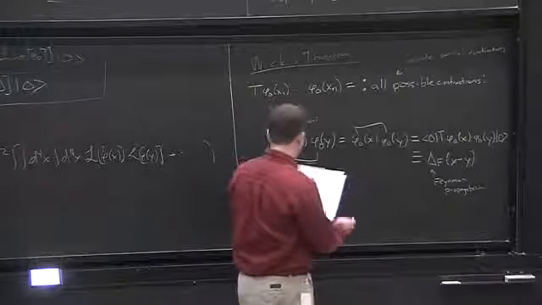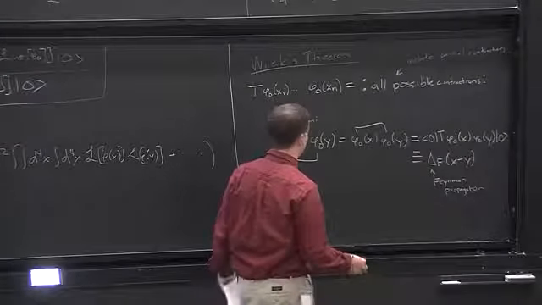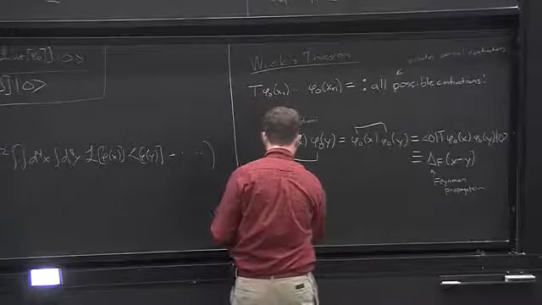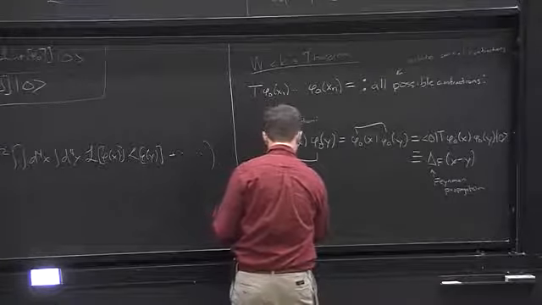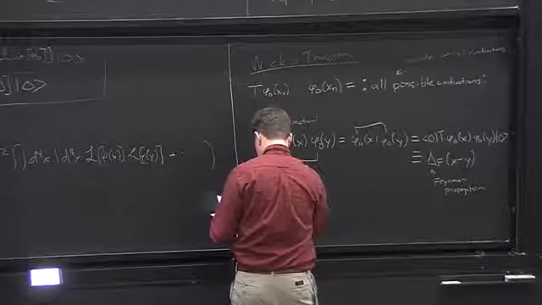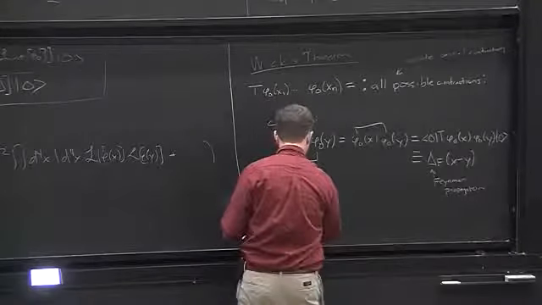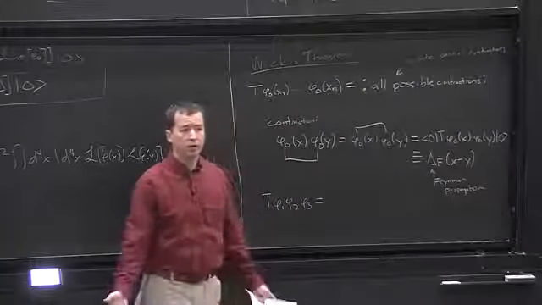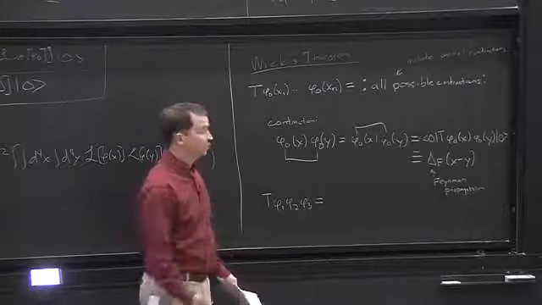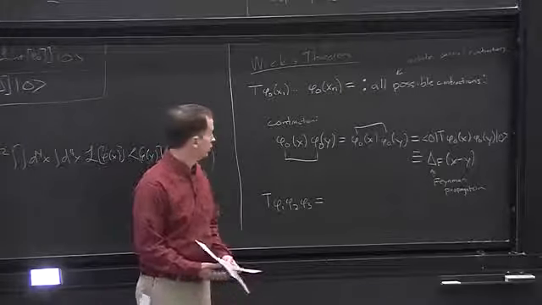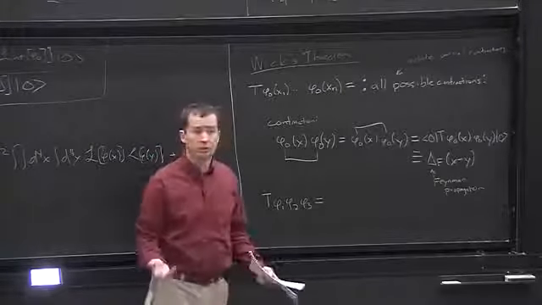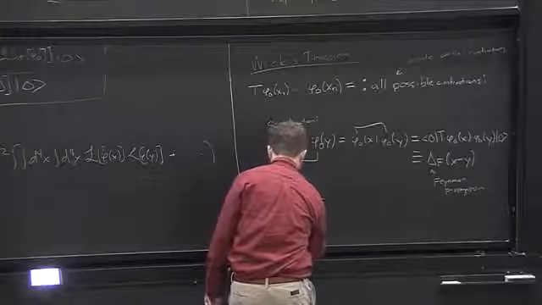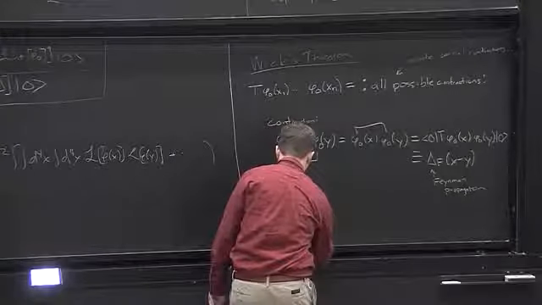So what the statement means, for example, explicitly, if we looked at the time-ordered product of 3 fields, and I'm going to introduce some shorthand notation. From now on, unless otherwise specified, we'll be working with the interaction picture free fields. So here, phi 1 means the interaction picture field of x1.